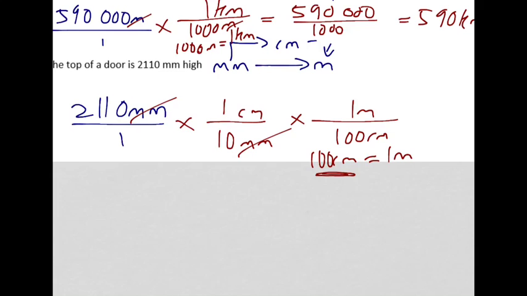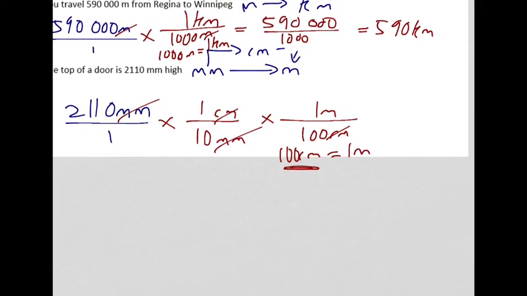And 1 meter up top. Centimeters will cancel, and I end up with how many meters in the end? After I multiply and divide? Anybody got it? 2.11 meters. Does that seem reasonable? So we end up going 2,110 over 1,000, because 10 times 100 is 1,000. So 2 meters for a door, 1, 2, and a little bit. Does that seem reasonable? Yeah, it does.